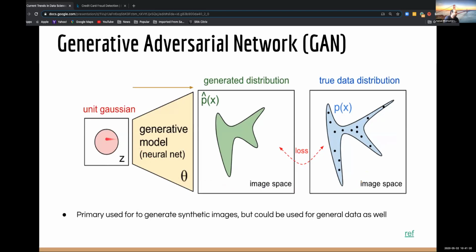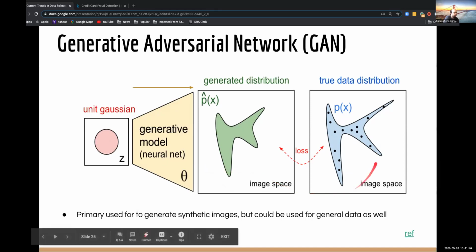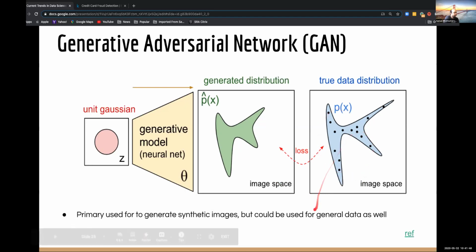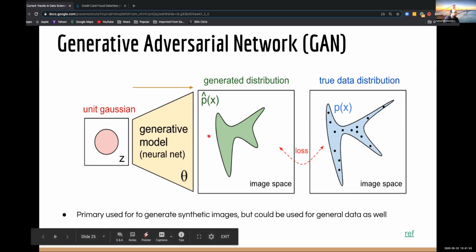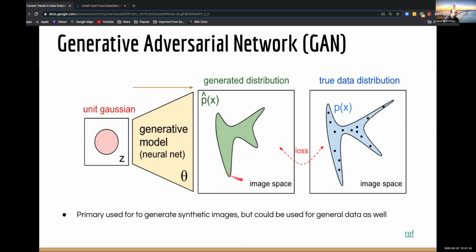The primary use is that you start with some random noise, you add it to your neural net, and you feed that noise to your image. So let's say this is my actual image, and this is what the GAN would synthesize.